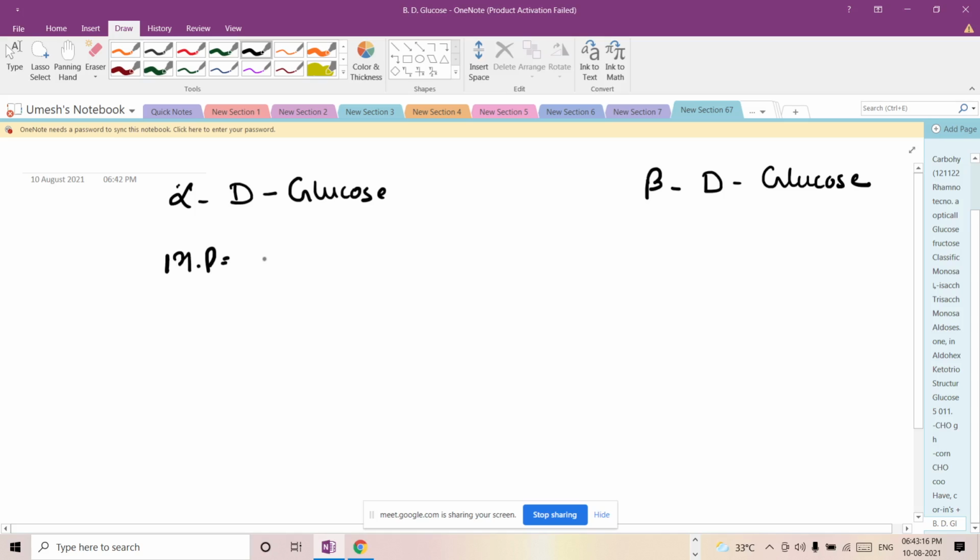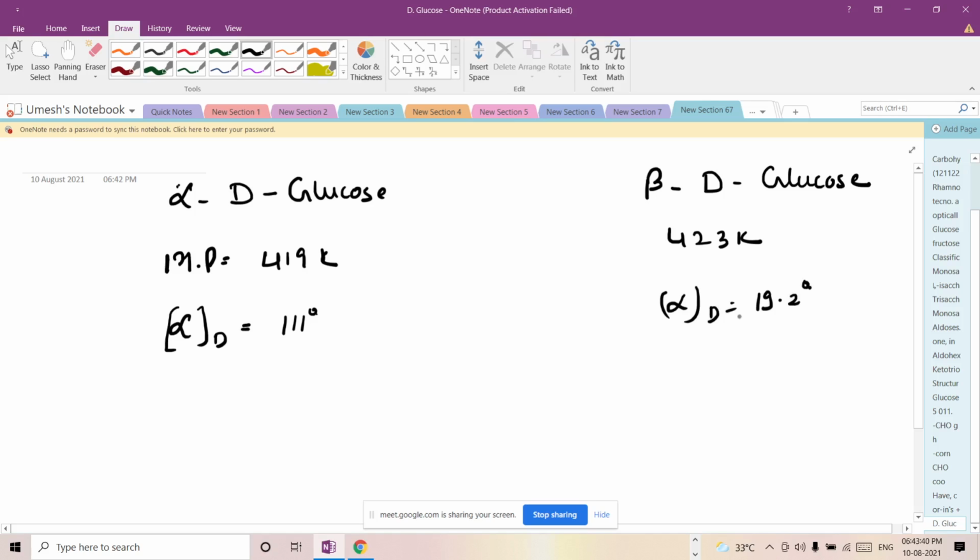The melting point of alpha D glucose is 419 Kelvin and of beta D glucose is 423 Kelvin. From the optical rotation point of view, alpha D is plus 111 degrees and beta D is plus 19.2 degrees. It means their optical rotation is different.